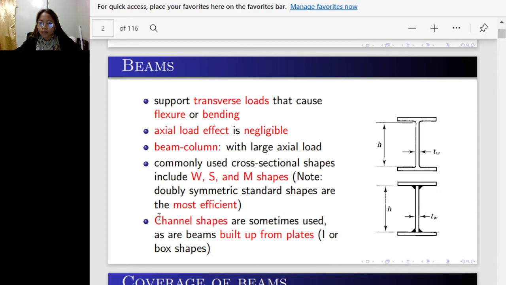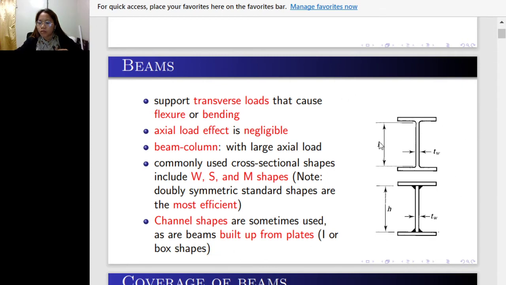The channel shape, as you remember, is shaped like a C. You can join two of them to build box shapes or I shapes, so they can also be used for beams.